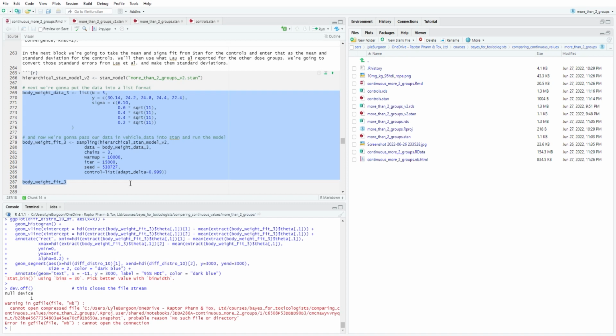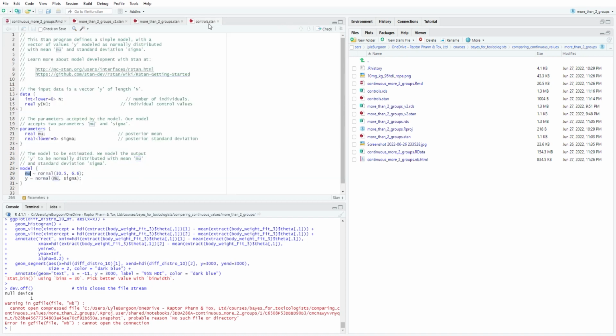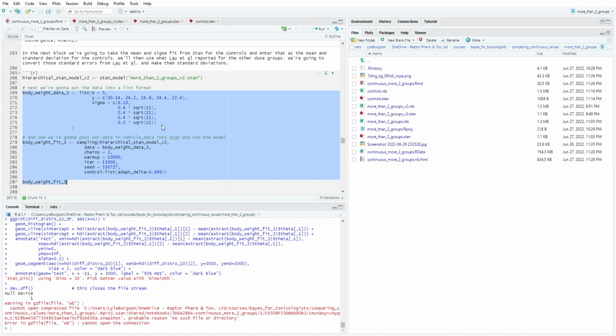Think about what you're doing as you're running the different parts of the R code. Think about what is happening. Think about, in the Stan file, what is happening in the Stan file. I want you to deeply, deeply think about it. And if you do these things, this will come to you much easier and much more naturally. You can do hard things.